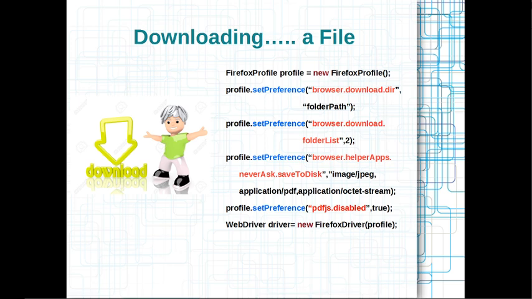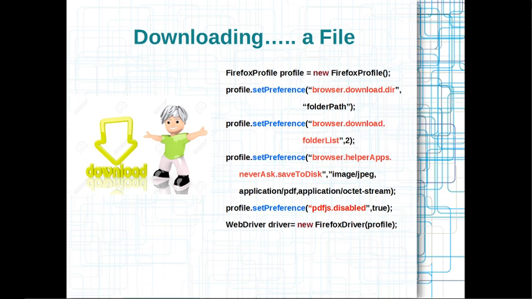We can actually pass 3 values there: 0, 1 and 2. If we pass 0, then our browser will download that file onto your desktop. If we pass 1, then it will download to the default download directory of the web browser. And if we pass 2, then it will download the file into your custom folder, I mean the one which you have written in the preceding line of code, that is this one.